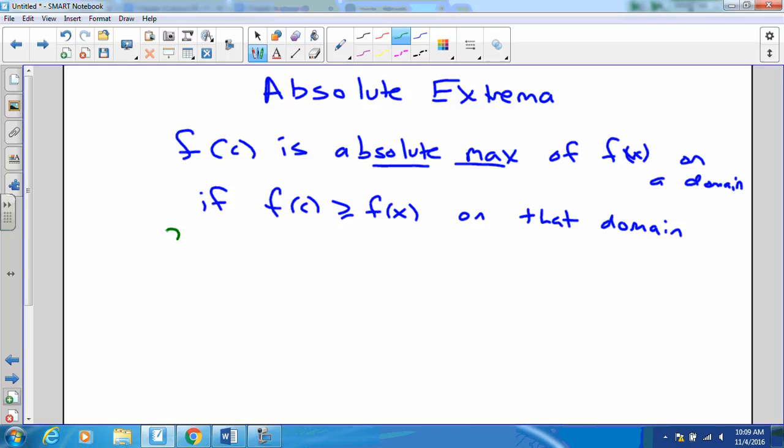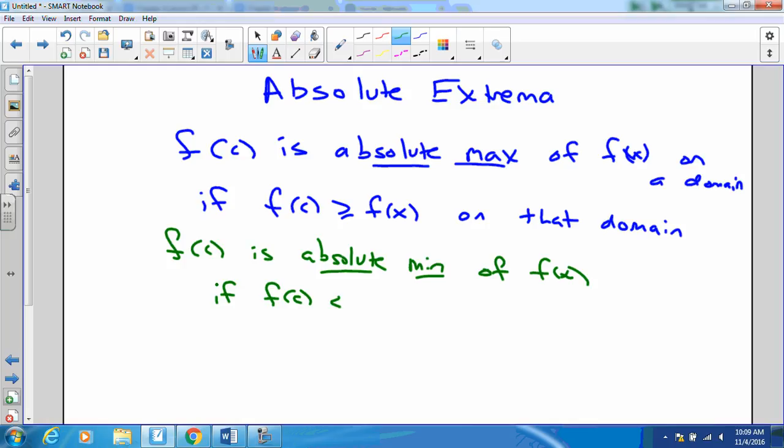And likewise, f of c is the absolute min of f of x on a domain if f of c is less than or equal to f of x. And so one of the things that we learned was that the absolute max or the absolute min does not necessarily need to be unique, right?